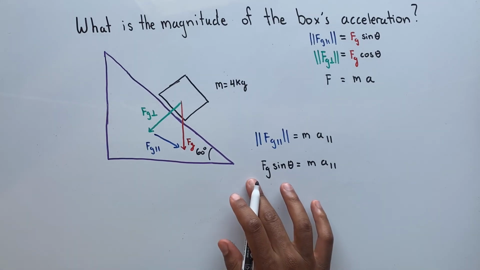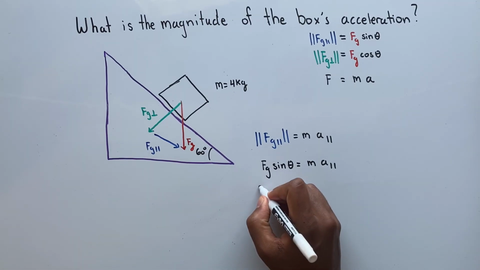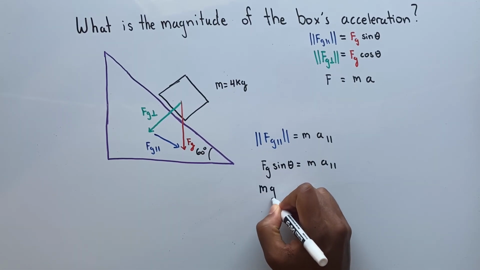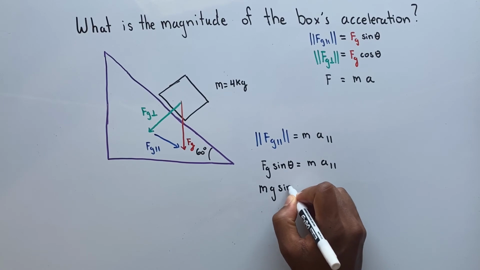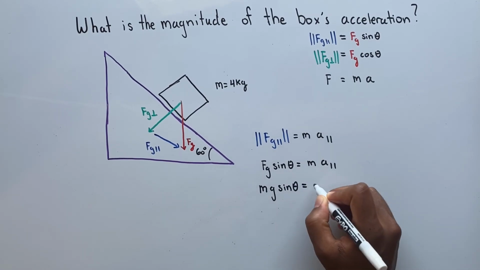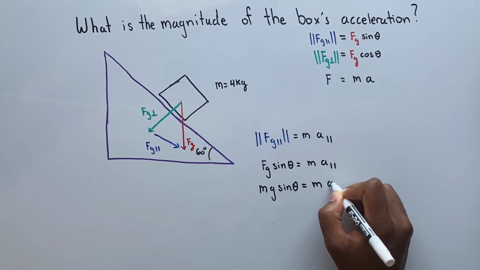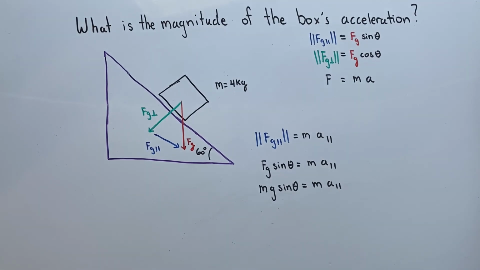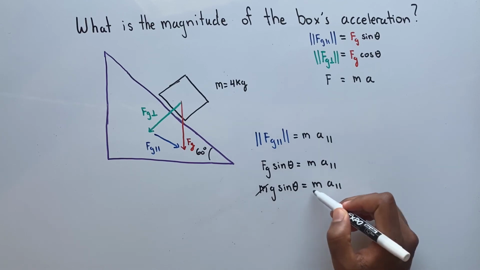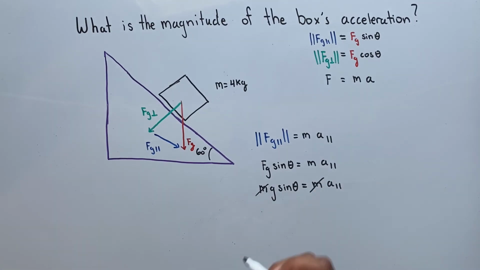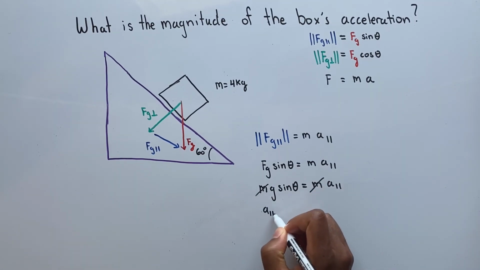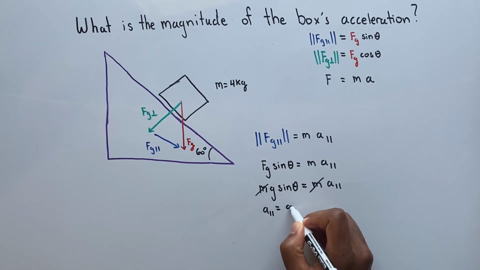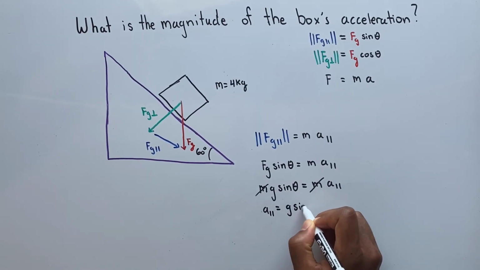So we can simplify this left-hand side to our mass times gravity times sine of theta equals the mass times the acceleration in the parallel direction. And by dividing each side by our mass, we get that our acceleration in the parallel direction equals gravity times sine of theta.